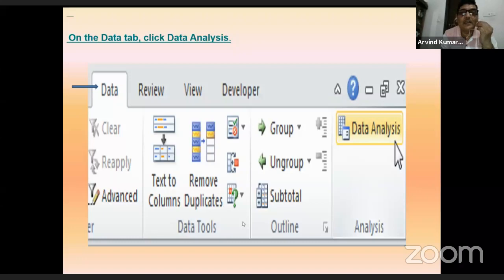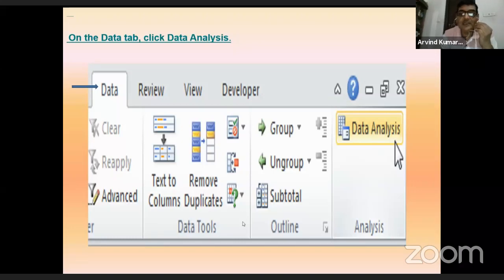On the right side in the upper corner, Data Analysis will be visible. If it is not visible, you can look up how Data Analysis can be loaded in the computer; the internet will provide this information. So this Data Analysis will appear over there.